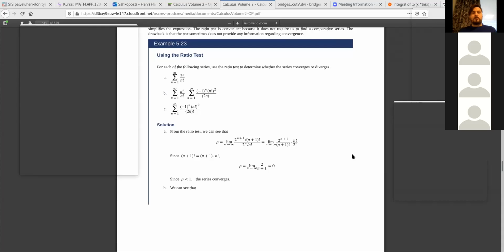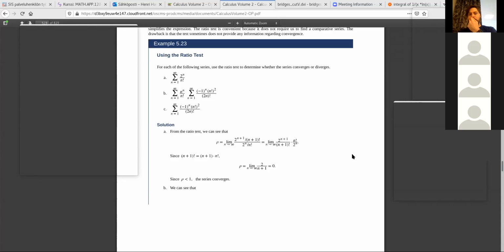So how do you use this ratio test? Here are some examples. 2 to the n over n factorial. Using the ratio test, you get the limit with 2 to the n plus 1, and so on. You do that, and you notice that the limit is 2 over n plus 1, which is 0.